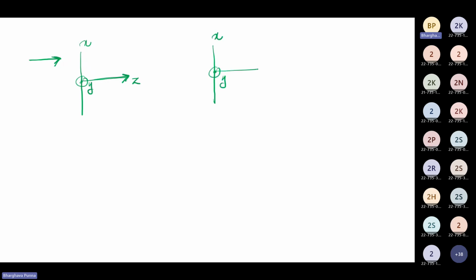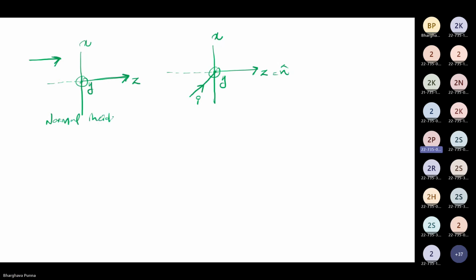If the boundary is the xy plane, the normal is z. But that normal I'm extending to this side also. You may have it like this also. The incident wave can be incident on the boundary like this also. This is the incident wave. Can you tell how much angle is made by the incident wave with the normal in the normal incidence case? 90.